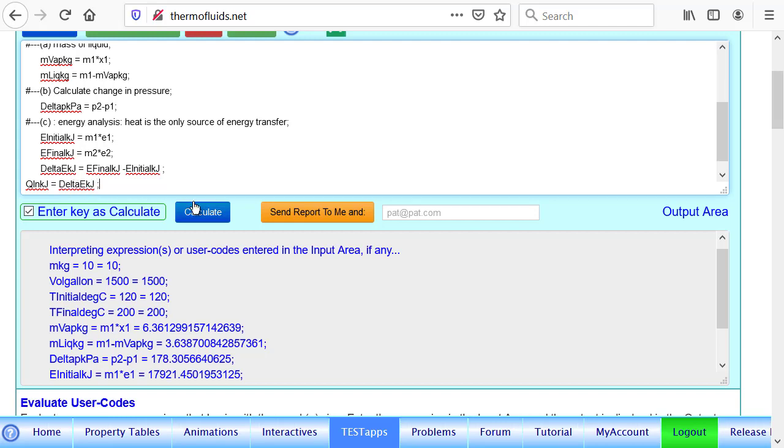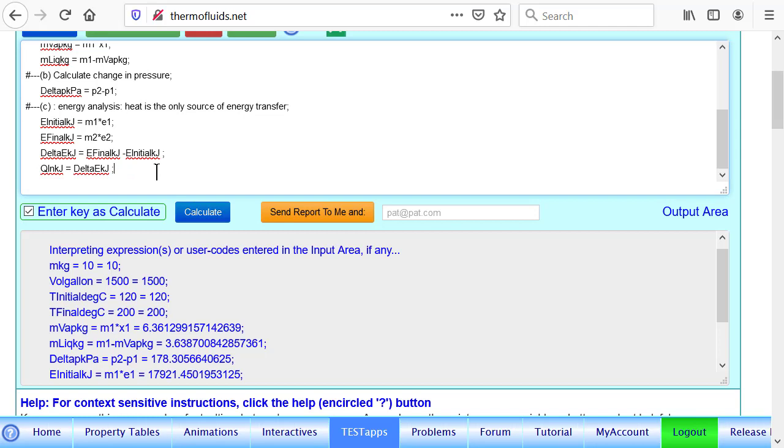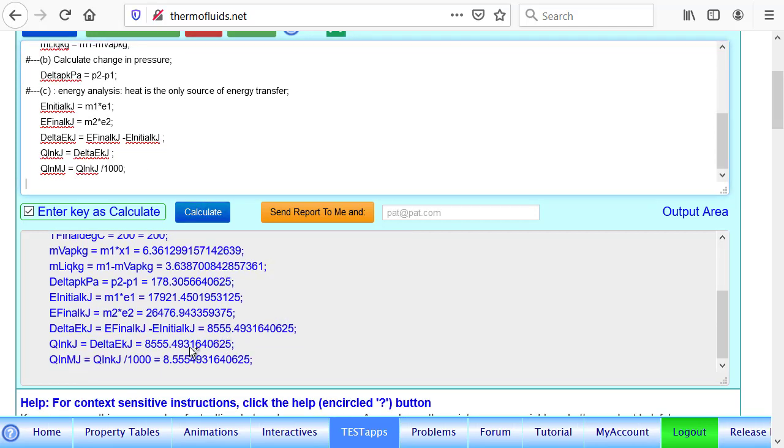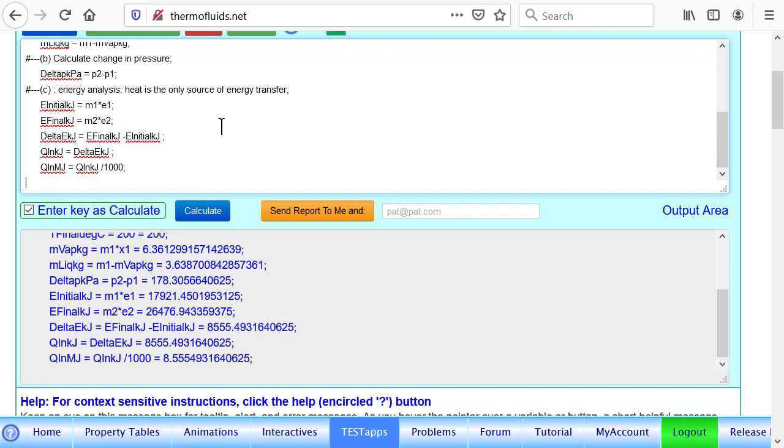And I think the problem said find it in million joules, so we can write Q in million joules must be equal to delta E in kilojoules divided by 1000. And you can see that the answer has been obtained, 8.55 million joules. So we found the answers of each part of this question.